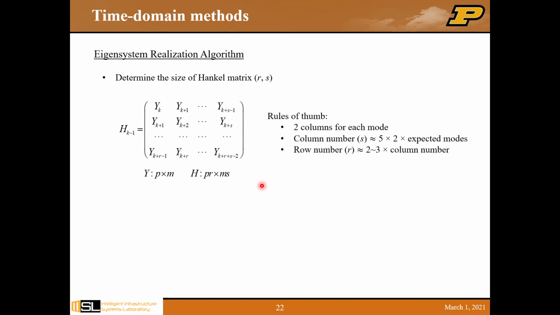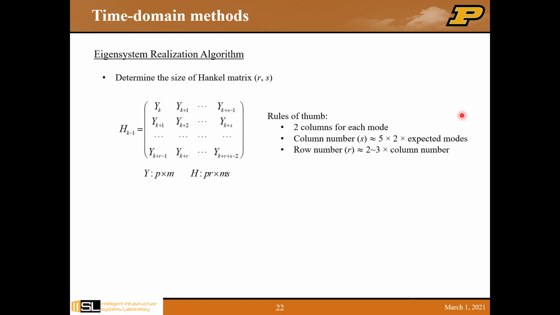Many researchers have tried out different strategies, and they came up with a rule of thumb. They claim that we need at least 2 columns for each mode, and eventually the number of columns is equal to 5 times 2 times the expected modes. For example, if we want to identify 3 modes, then we need at least 30 columns.